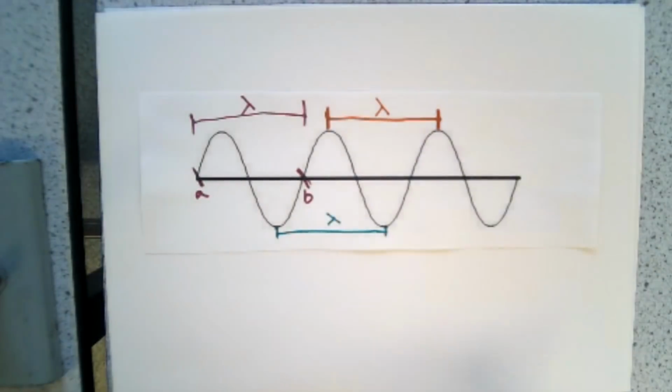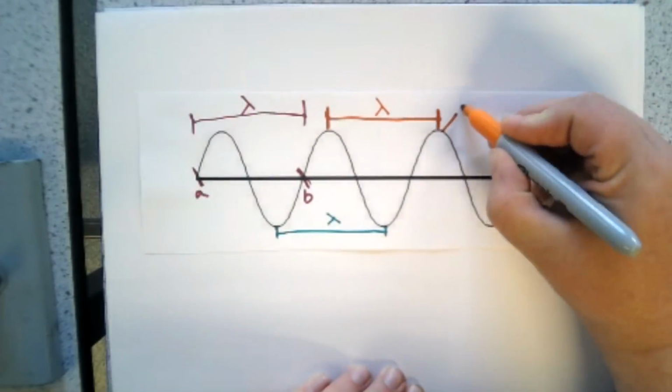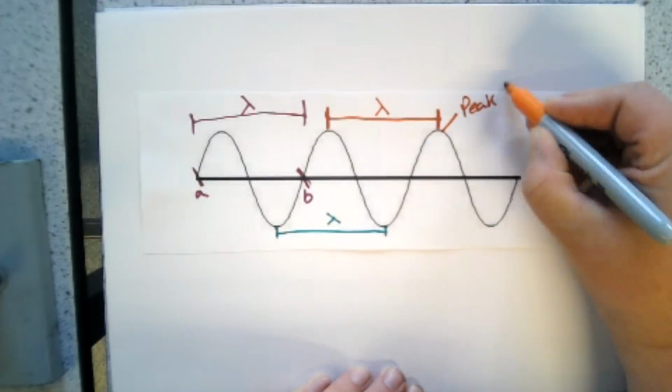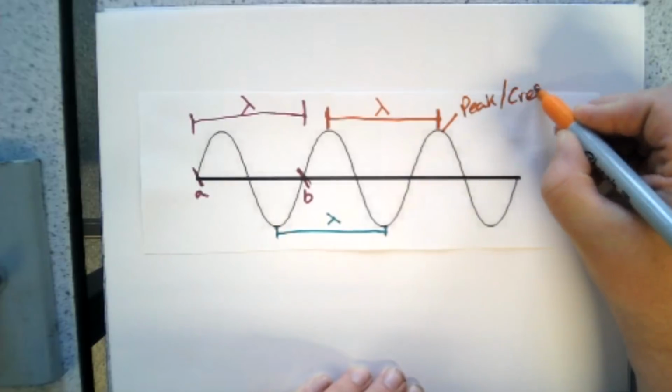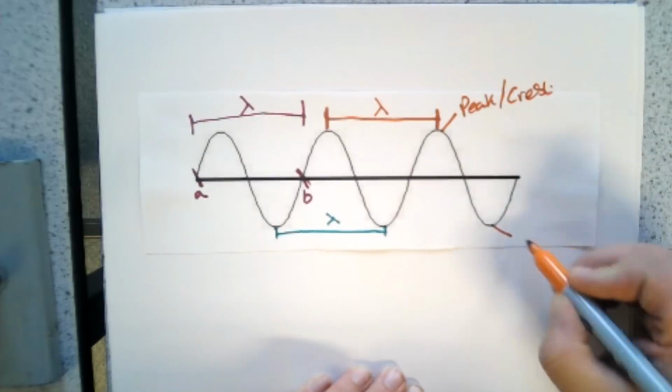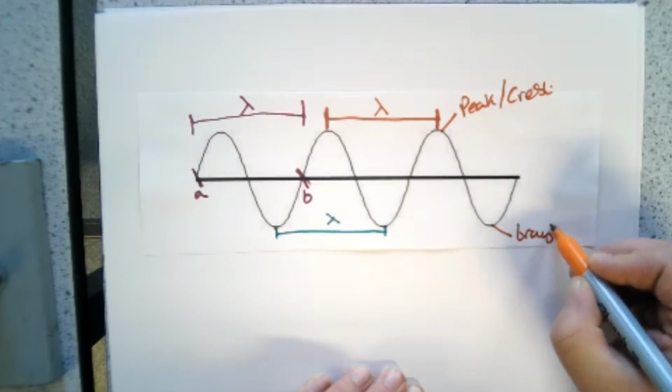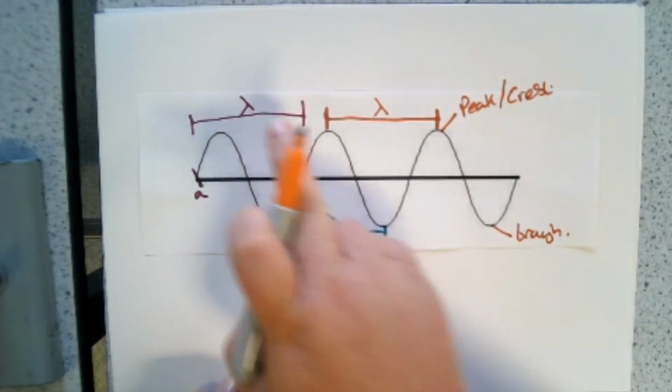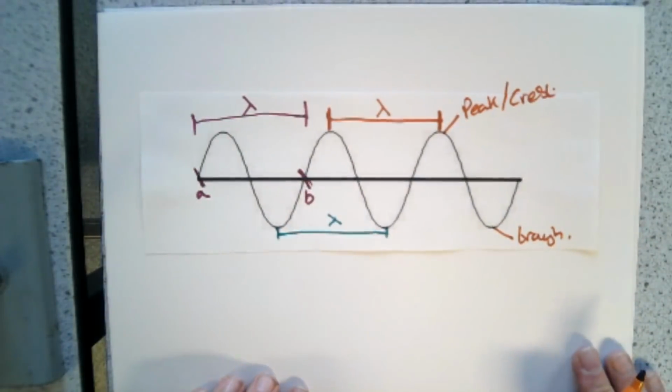Let's just remember what some of the names of these things are. This is either a peak or a crest, and this is a trough. We can see how to work out the wavelength.